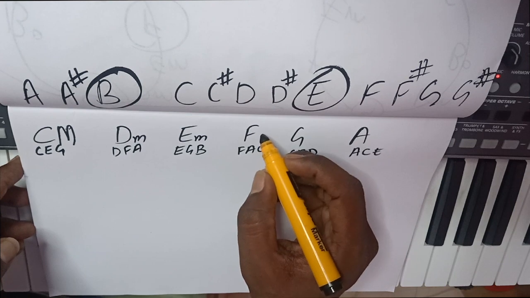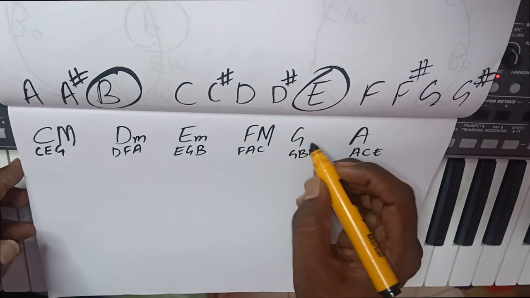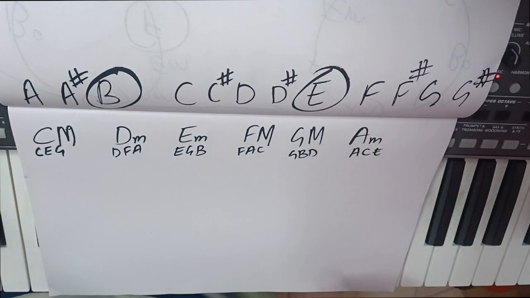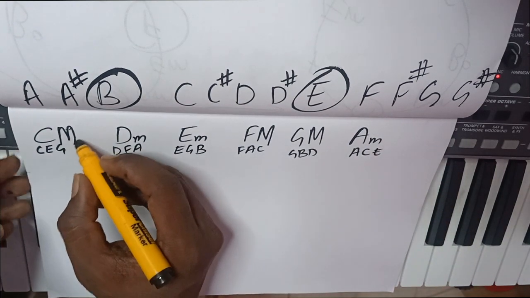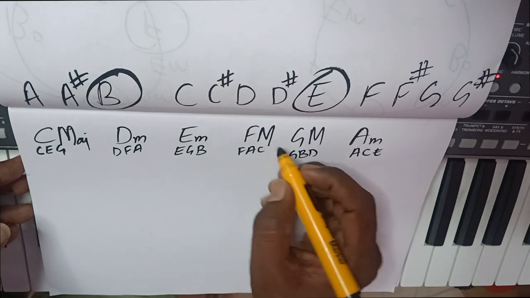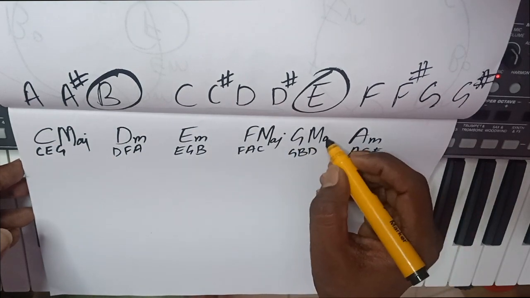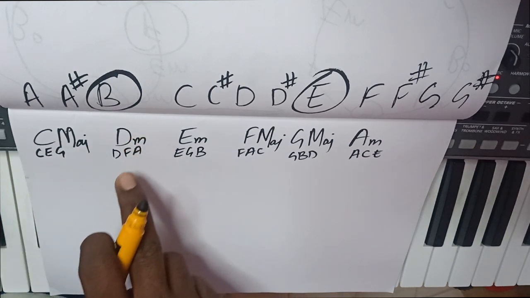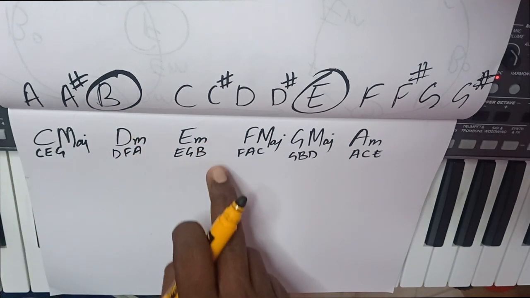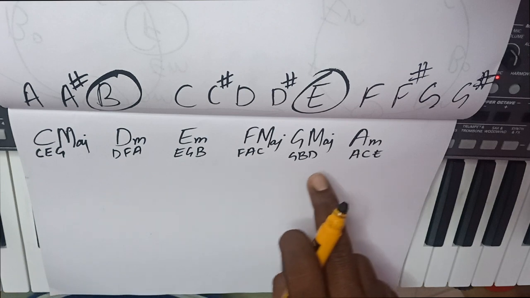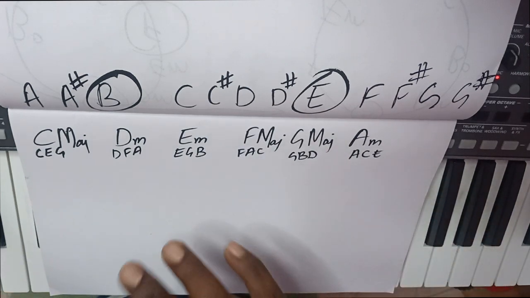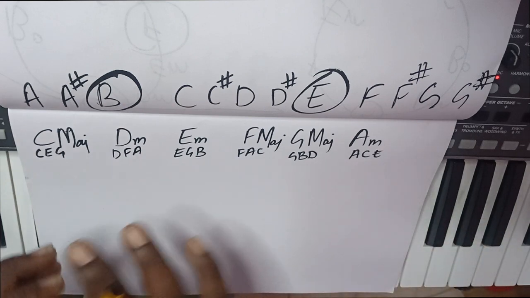It's better to write M-A-J to show that it's a major. So C major is C, E, G, D minor is D, F, A, E minor is E, G, B, F major is F, A, C, G major is G, B, D, and A minor is A, C, E. So these are the chords for the C major scale.